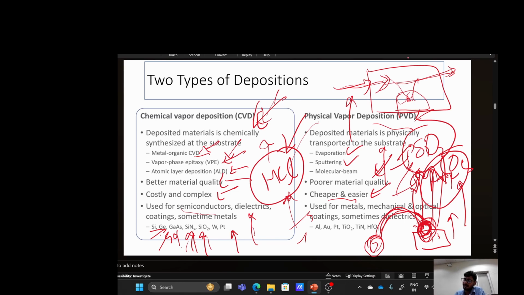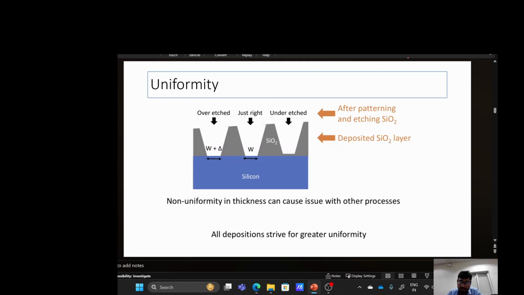For passivation we require thicker dielectric layers, and at that time you can use these kinds of methods, because this takes less time. Directly evaporation takes less time, and in those passivation applications, stoichiometry is not that much of an issue, so we can use these physical vapor deposition techniques.